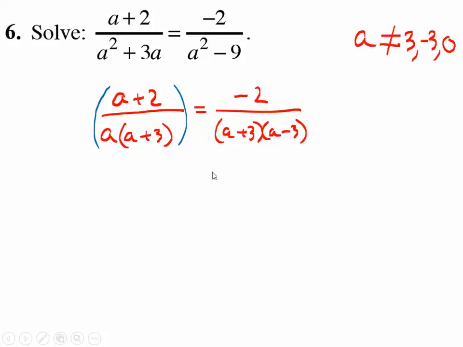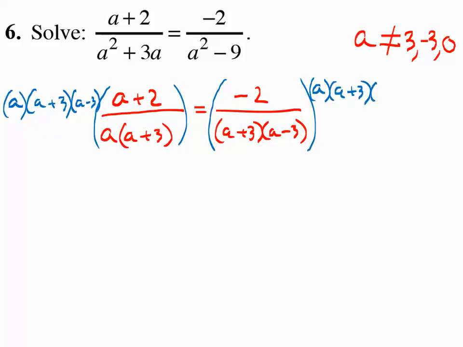Now let's multiply. I need the a to multiply with. I need the a plus 3. I need the a minus 3. Alright, everybody okay with our multiplier? Why we chose that multiplier? Alright, whatever we do to one side, we better do to the other. So a, and the a plus 3, then the a minus 3.